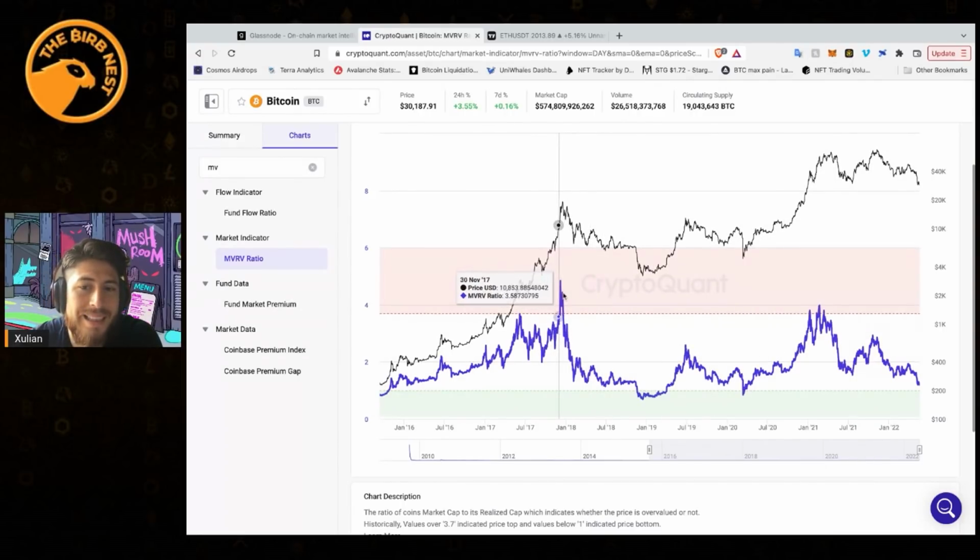We can see the clear top in 2017, right at the end of 2017. And then that bottoming out, people just completely giving up and going into that oversold. Finally, we get that second bottom in COVID, and then that first top in May. And we can see how during that second top, we didn't actually reach that oversold in MVRV.